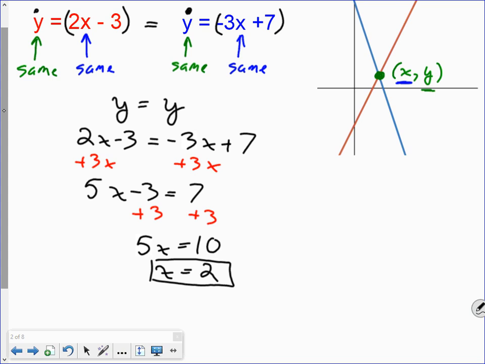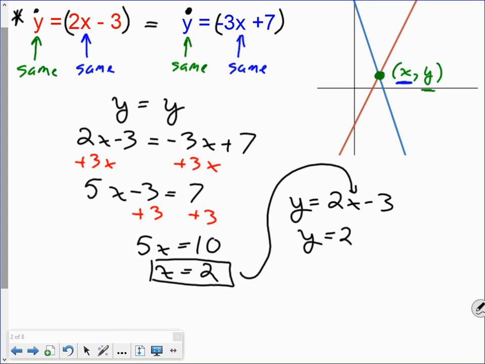So if we know that x is equal to 2, we have these equations up here that tell us what y is. If we use that one right there, y is equal to 2x minus 3. If we know that x is equal to 2, we can sub that in over here.